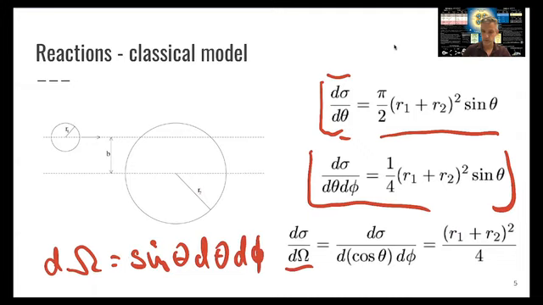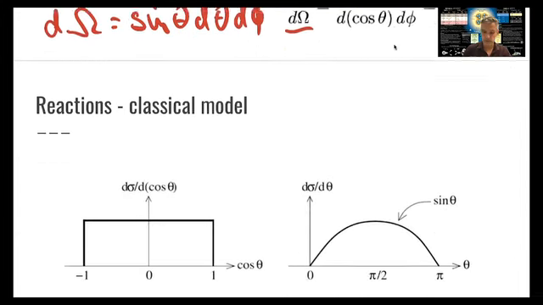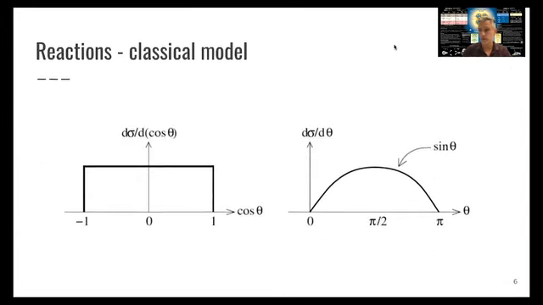All right. So for this specific problem, we talk about an isotropic reaction, because by definition, the cross-section per solid angle is independent of theta and phi.